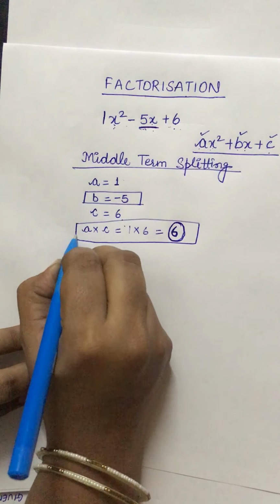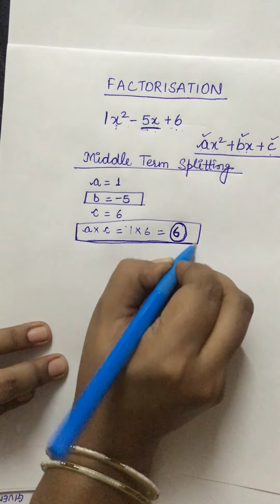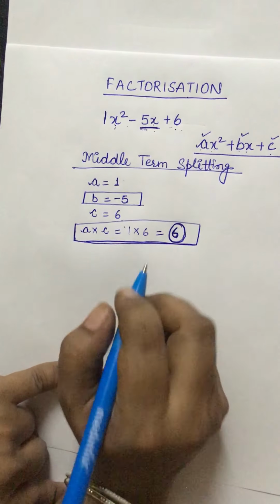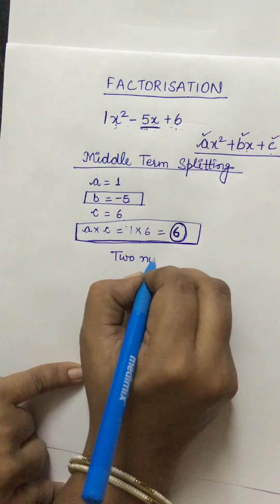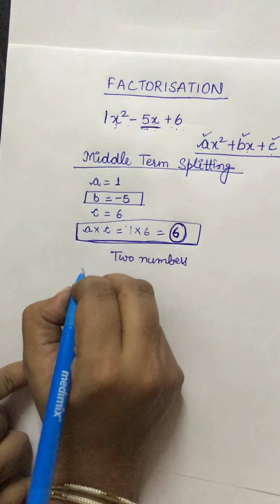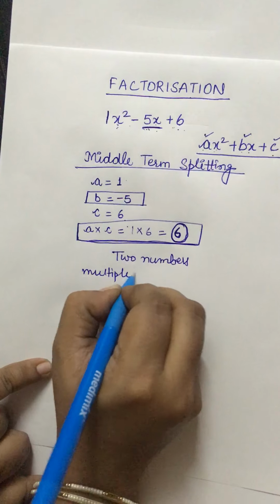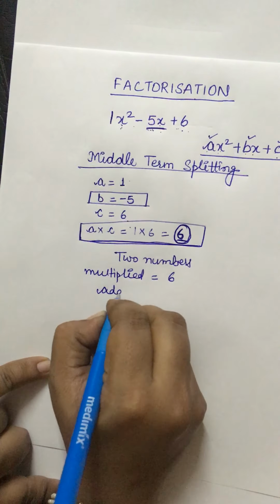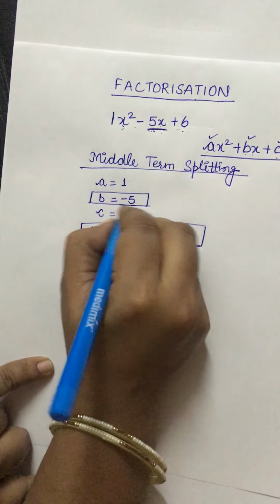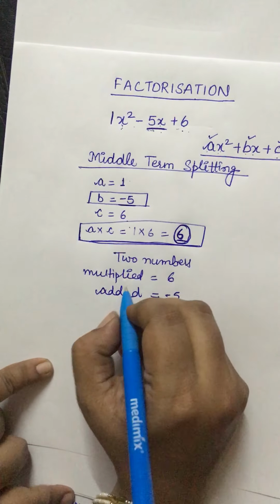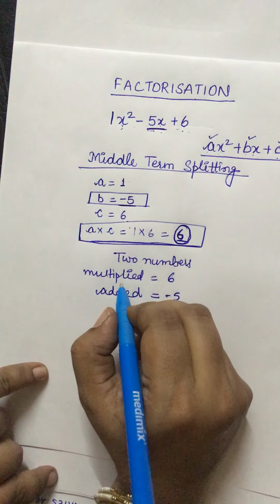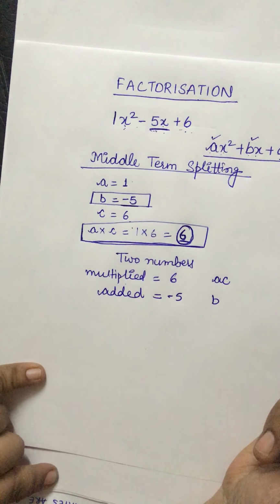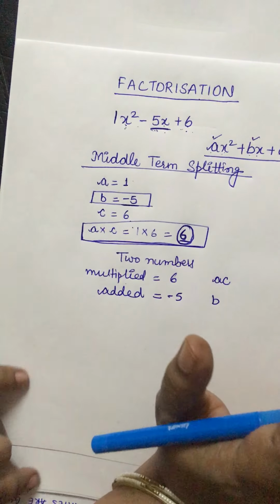We need to find out two numbers which when multiplied give 6, and which when added give minus 5, right? We need to find out two numbers which when multiplied give a into c, and which when added give b to us. Is this clear to you?